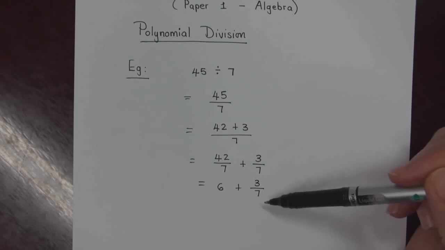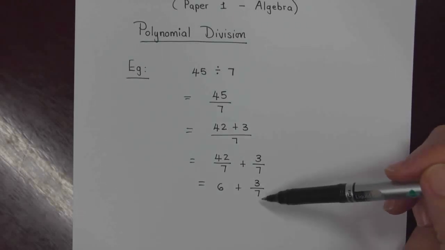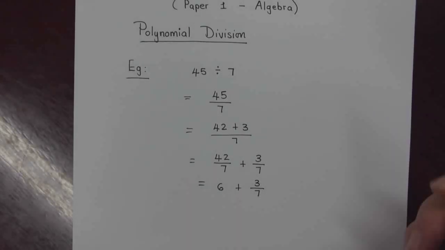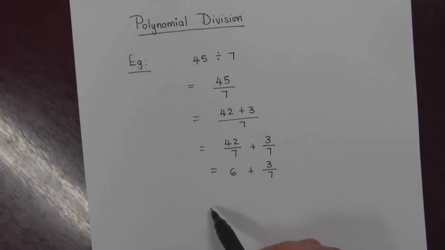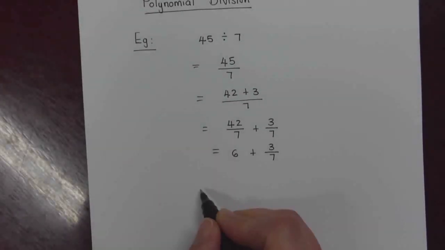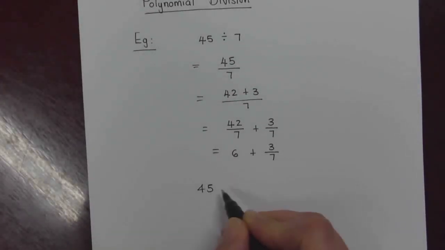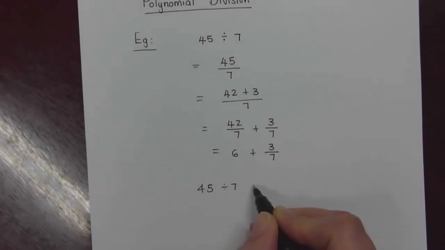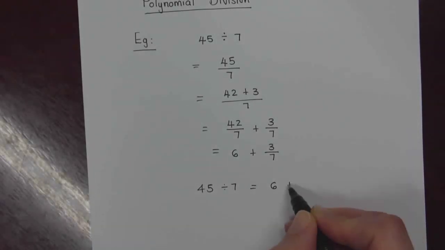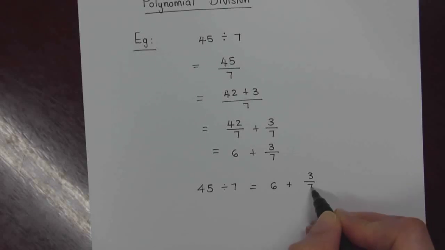So I say it's 6 and then remainder 3. Now what this allows me to do is to say that 45 divided by 7 is equal to 6 plus 3 over 7.